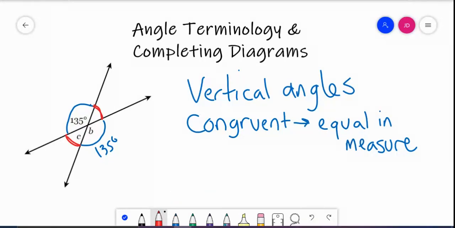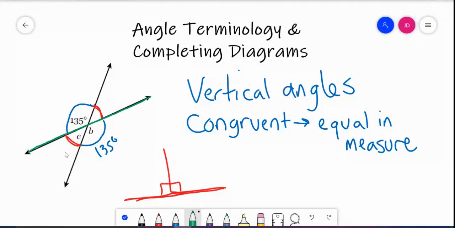Let me do it one more time. We know 90 degrees is a right angle from our Pythagorean theorem, and the straight angle right here is going to be another 90 degrees, that's 180. If you go another 90, it's 270. All the way around is 360. So I know a straight line is 180 degrees.